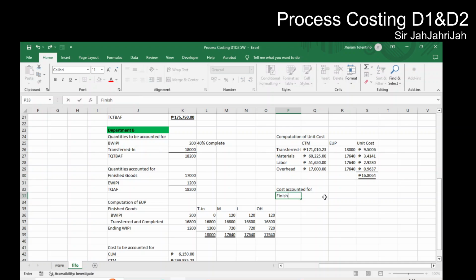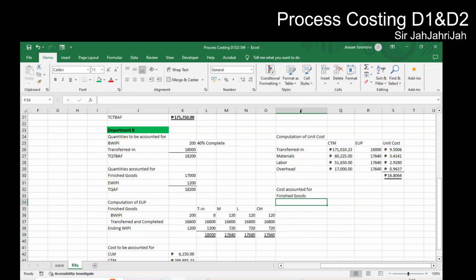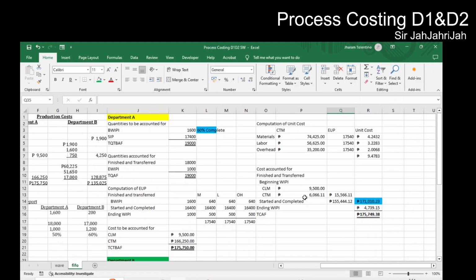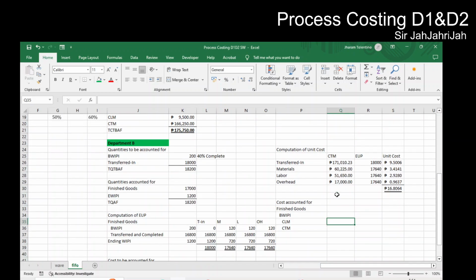We have to compute for the finished goods. For the finished goods, it has the portion of the beginning work in process inventory, which has cost last month and the cost this month. But of course, we can compute it faster because it's even distribution. So cost last month is 6,150.